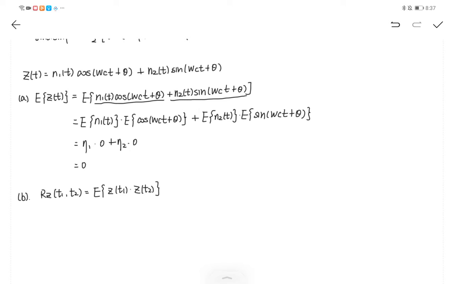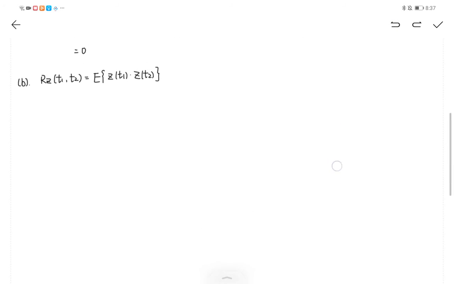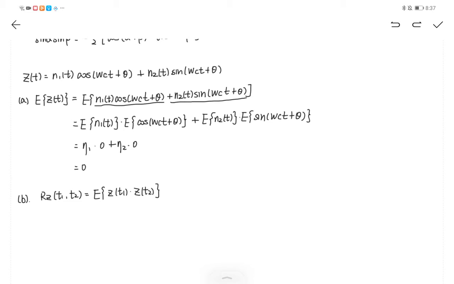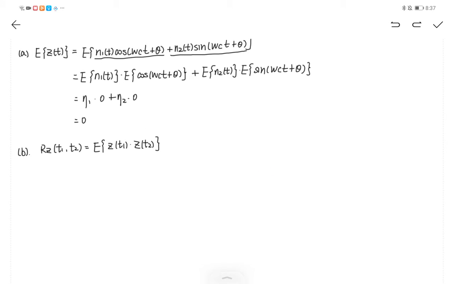The first part might be N1(t1) cosine(omega_c t1 plus theta) multiplied by N1(t2) cosine(omega_c t2 plus theta). And we know that N1(t), N2(t), and theta are all independent, so we can separate the multiplication directly into two aspects.